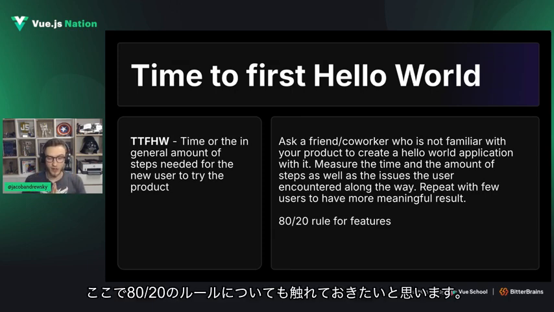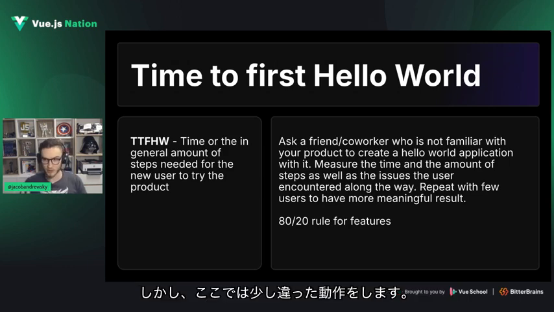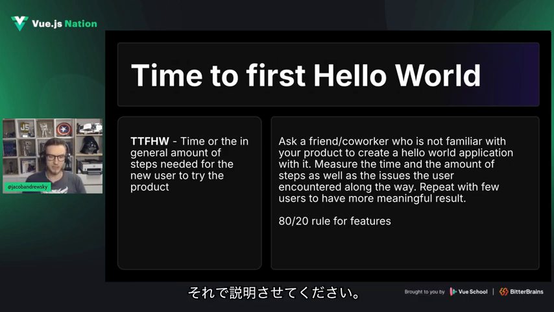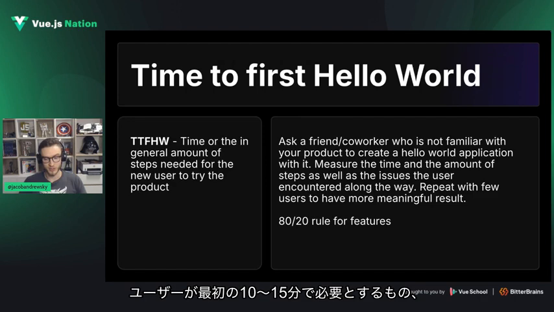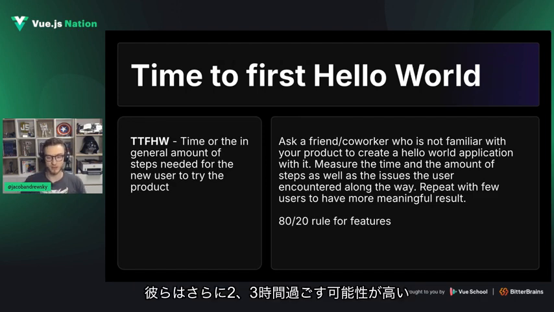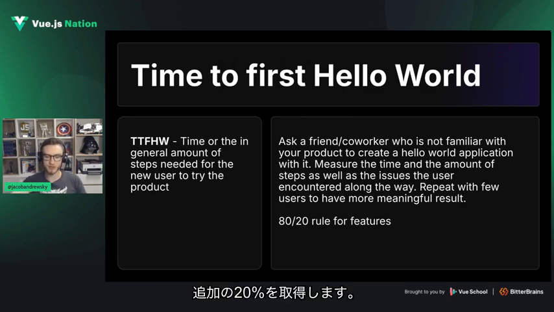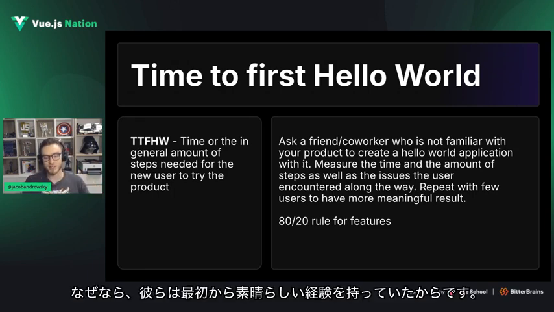So in here, I would also like to mention the rule of 80-20, but it works here a bit differently. So let me explain. If you deliver 80% of the functionality that the user needs in the first 10 to 15 minutes, they are more likely to spend an additional 2 or 3 hours to get the additional 20%. Why? Because they had a great experience at the start.